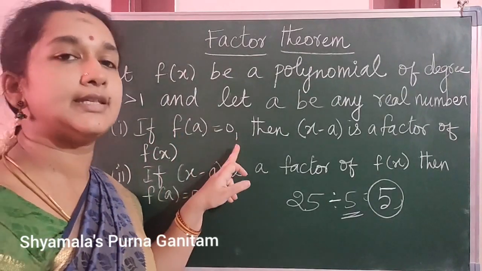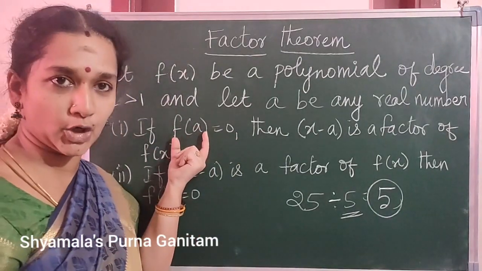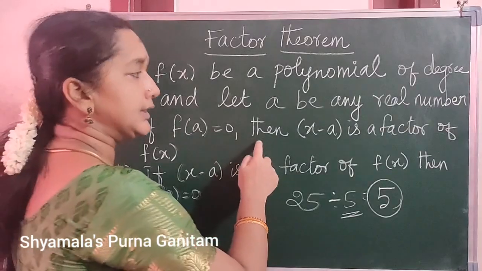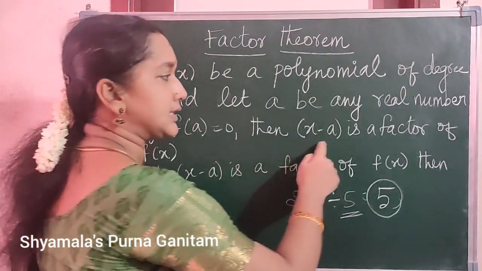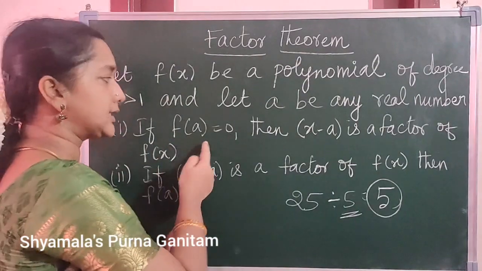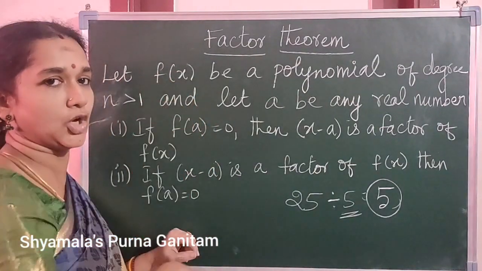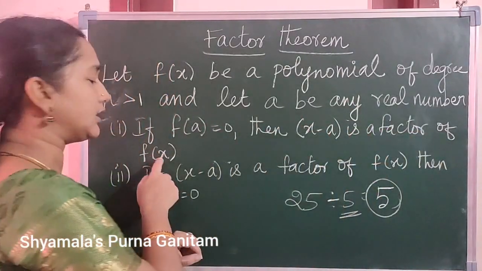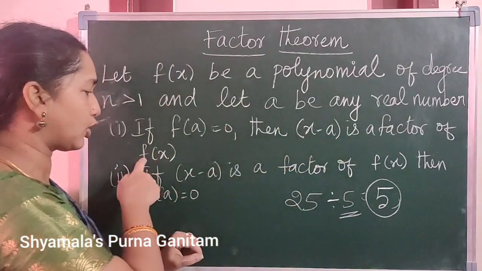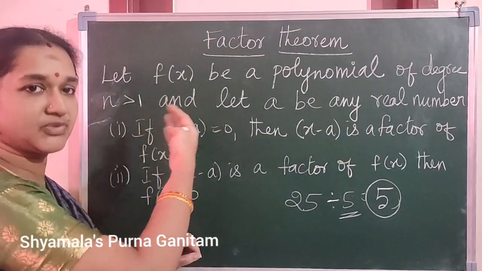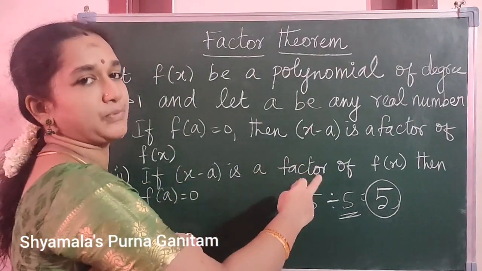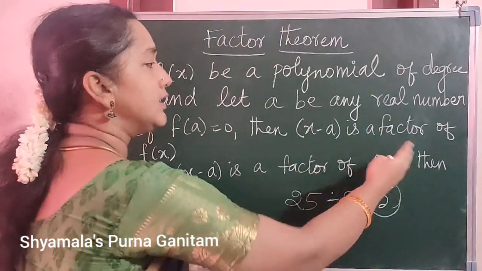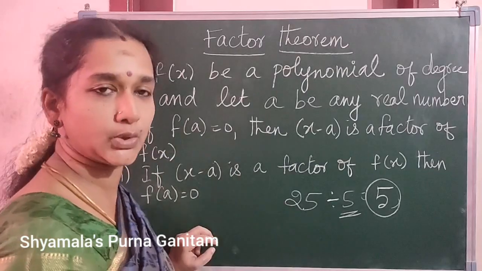So that is the condition explained here. If f of a is equal to 0, that is, when you substitute a in the polynomial and get the remainder as 0, then x minus a is a factor of f of x. Vice versa, if x minus a is a factor of the given polynomial, then f of a is equal to 0.